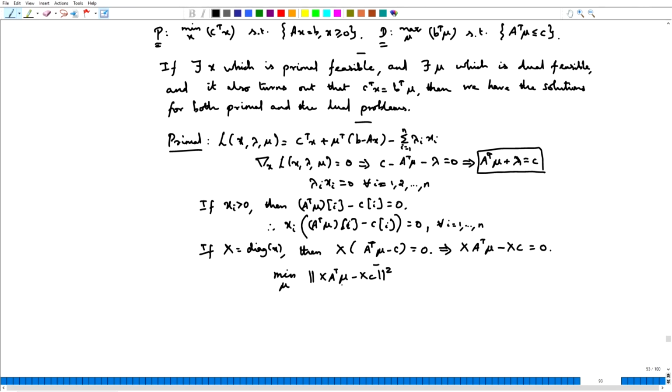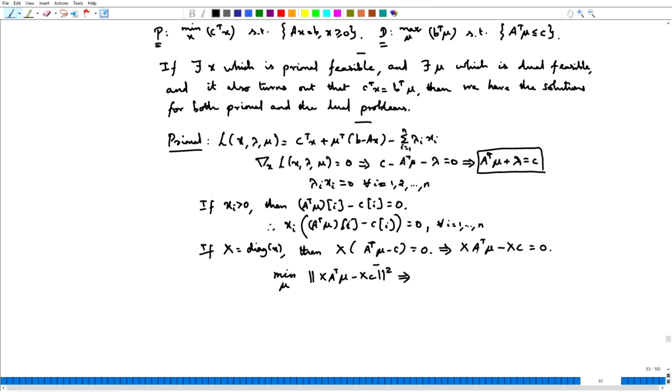I am not going to derive this, but it is easy to see that the answer is the following. If X A transpose were invertible, I could have just written (X A transpose) inverse X c. But X A transpose need not even be a square matrix. Note that A is an m cross n matrix, A transpose is n cross m and X is n cross n.